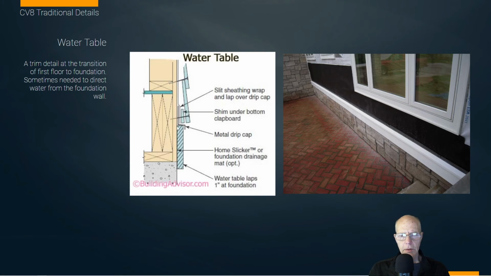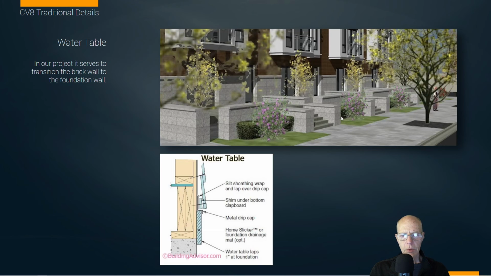In the case of our project, it actually is both, if you think about it. Here we have a wall system coming down, and a water table board designed to drive the water away from the foundation edge below it, and it creates a nice separation between the materials.